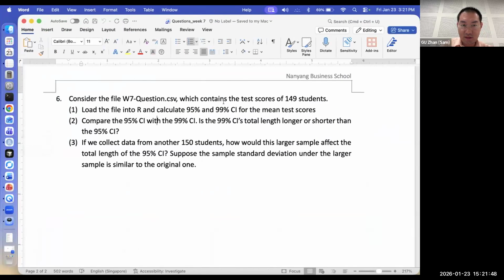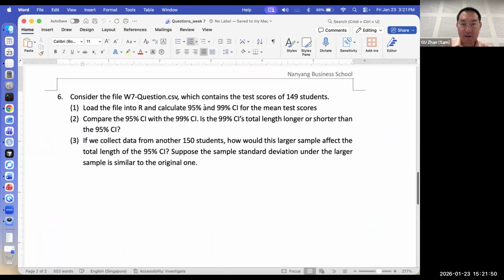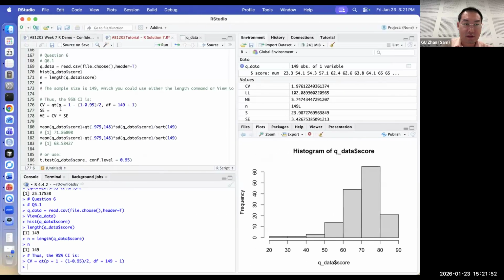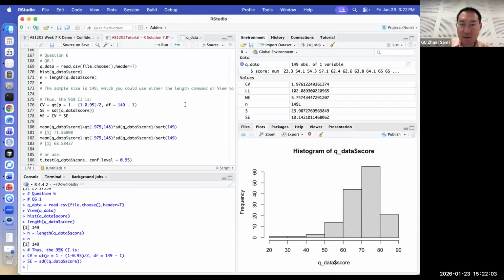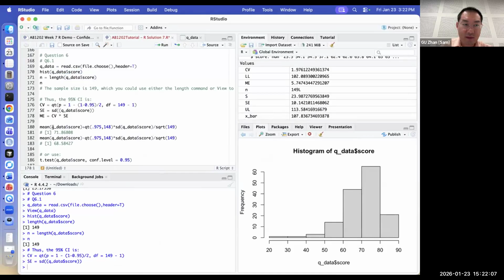Oh, we do not have the standard deviation of the sample, so we need to find it using the SD function on this data. The SD is 10. Then you need to divide by the square root of the sample size, 149, to get the standard error.